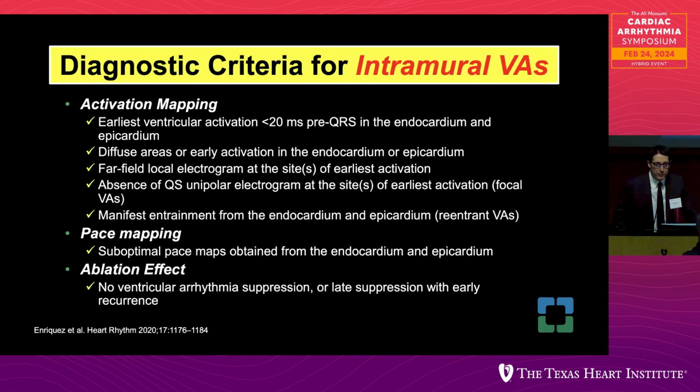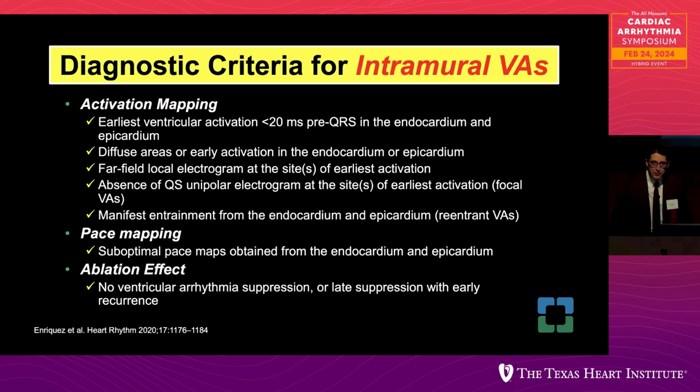Of course, we could use some surrogate criteria from activation mapping, because for many years, we've been limited by mapping just the accessible surface of the endocardium or the epicardium. So anything that is intramural, we don't really see directly. But essentially, when we have a broad area of early activity on both sides of the septum, for example, we can guesstimate that there's something intramural going on.